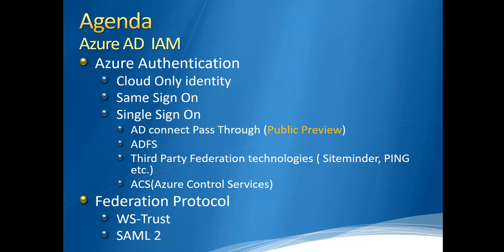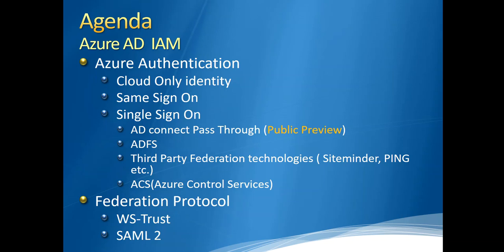Same sign-on is something wherein you sync your user ID and the password, and the user will use the same password which they have on-prem. But technically, these are two different identities, one in cloud, one on-prem. Single sign-on, you have only one set of identity and one set of password, which is sitting on-prem.